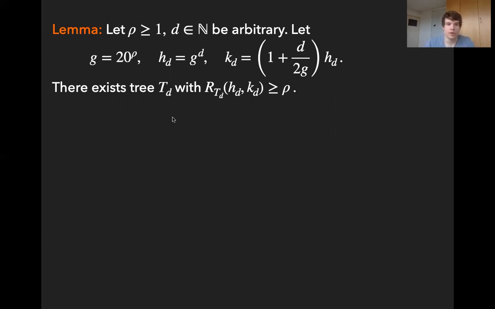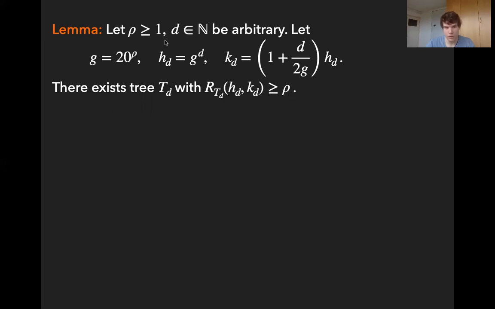The key ingredient is the following lemma. Let rho and d be some arbitrary numbers, and then define some other numbers; you don't have to parse these definitions yet. The point is, there exists a metric space, a tree T_d, of depth d, such that the competitive ratio of the h_d-k_d server problem on this metric space is at least rho.